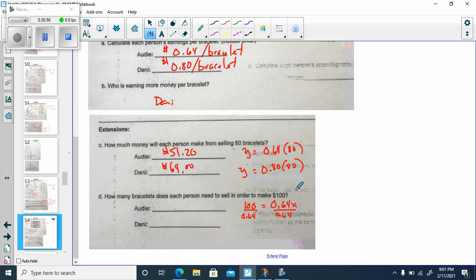And that would be 156 1/4 bracelets, which is 157 bracelets. You have to round up if you're dealing with making at least $100. And then on Danny, we need 100 is equal to 80 cents per bracelet times the number of bracelets. So we divide both sides by 80 cents per bracelet. And you get 125 bracelets, okay?